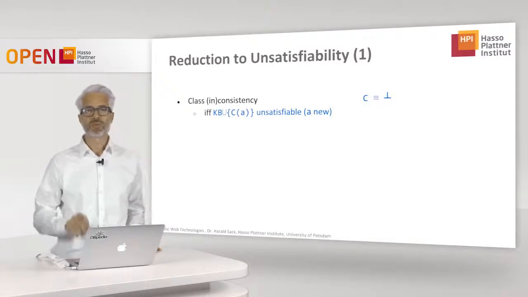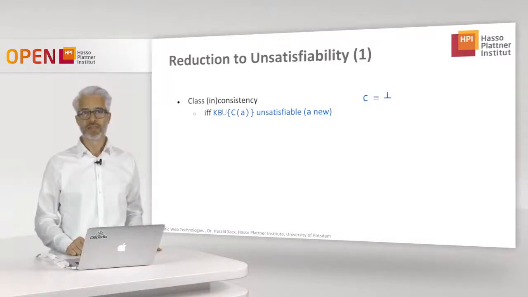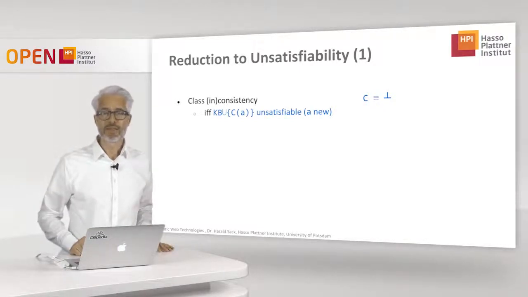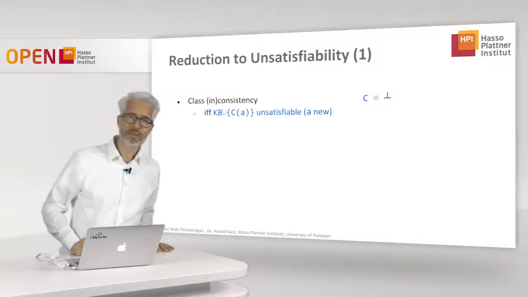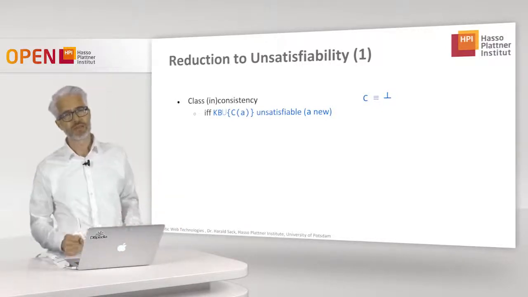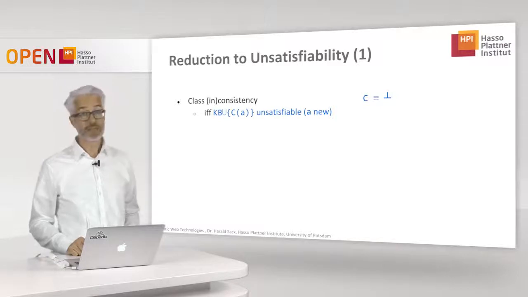Because if we want to check the consistency of a class, and the other way around, whether a class is inconsistent, meaning there is no member in the class, we simply assume the other way around and say, let's assume there is an individual A which fulfills the class.